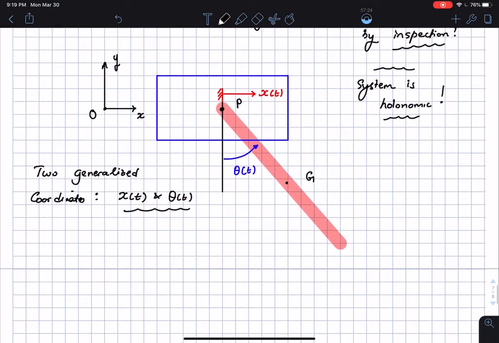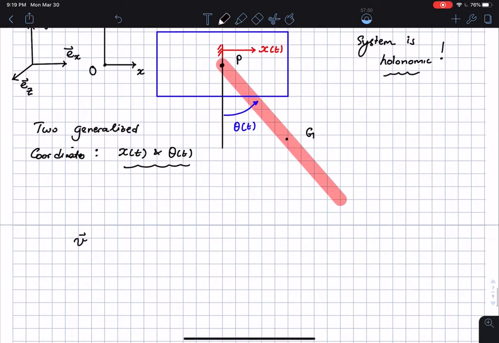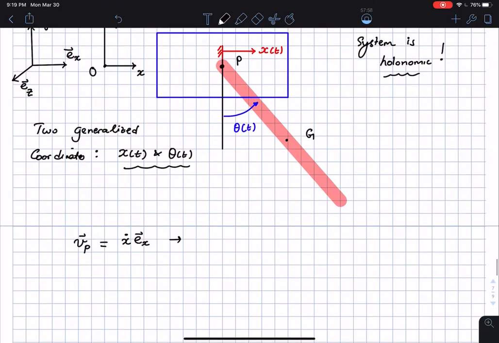If I say that this is the EX direction, and EY and EZ, so here is my unit vector system: this is EX, this is EY, and the direction coming out of the page is EZ. It can be very easily seen that the velocity of point P is going to be x dot in the EX direction. This is only pure translation, so this is the velocity of the cart.